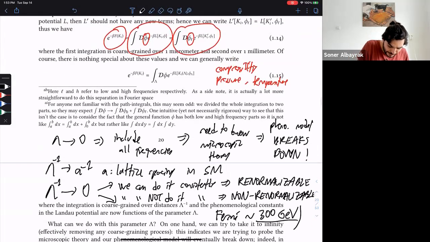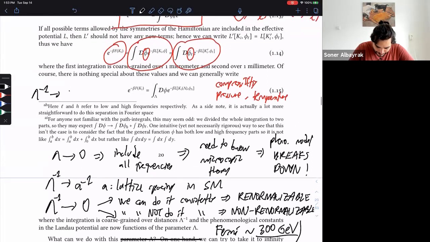How about if I take lambda inverse to infinity? So lambda is like a length scale. Let me use it like this: lambda is a length scale, and lambda goes to infinity.